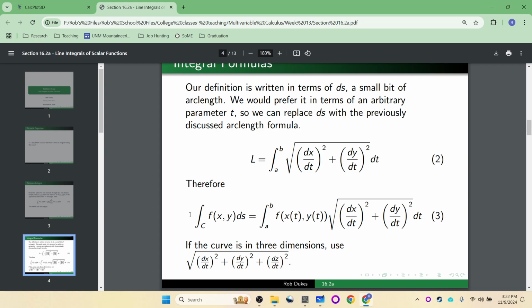So if this curve, c, integrating f of xy ds, if we plug in t here, we get f of x of t, y of t, times the square root of dx over dt squared plus dy over dt squared dt. If the curve's in 3 dimensions, you just add a third one on for dz dt. So this is the formula, written a little bulky. There's a more compact version on the next slide.